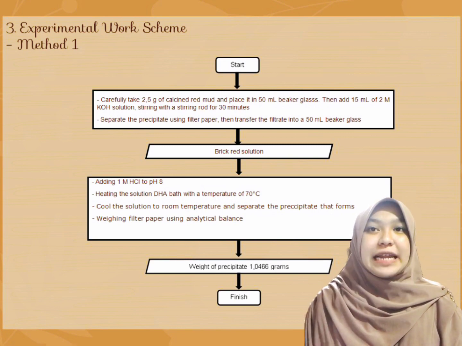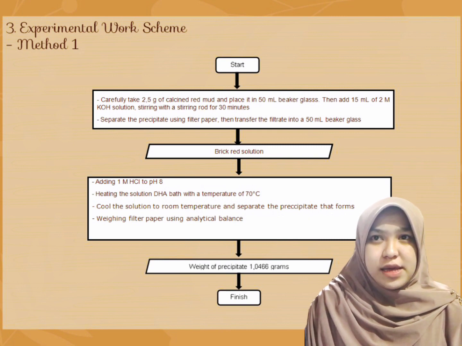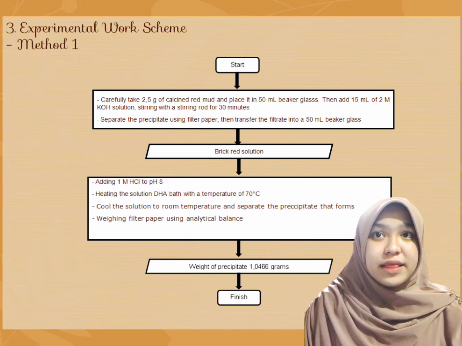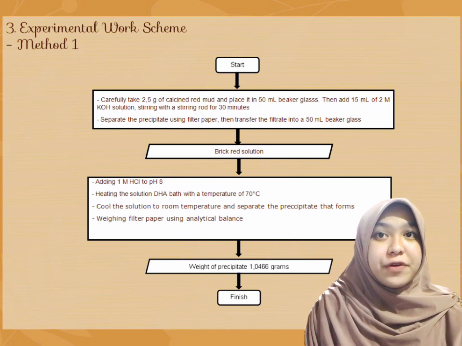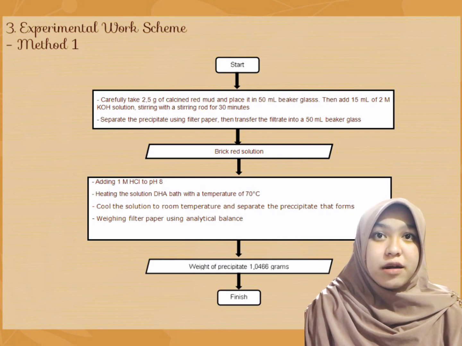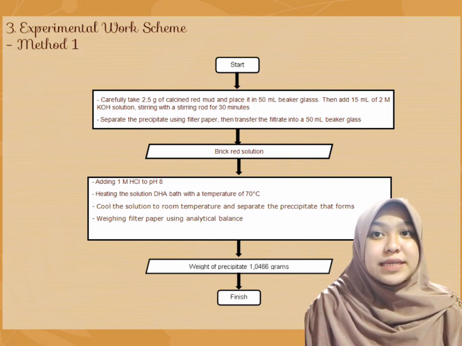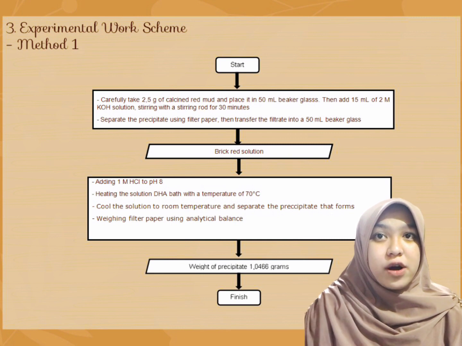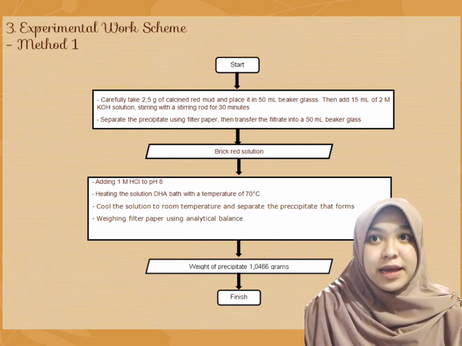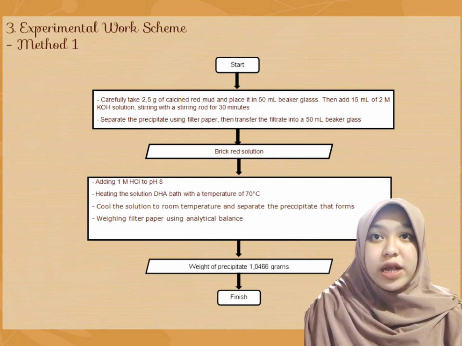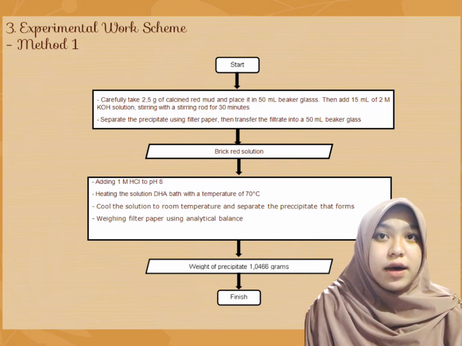Method 1. Firstly, start, then carefully take 5 grams of calcined red mud and place it in a 50 milliliter beaker glass. Then add 15 milliliters of 2 molar KOH solution, stirring with a stir rod for 30 minutes, and separate the precipitate using filter paper and transfer the filtrate into a 50 milliliter beaker glass.